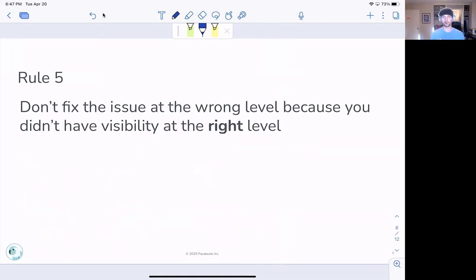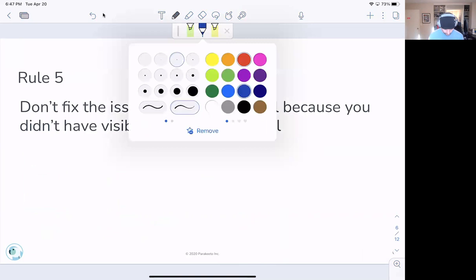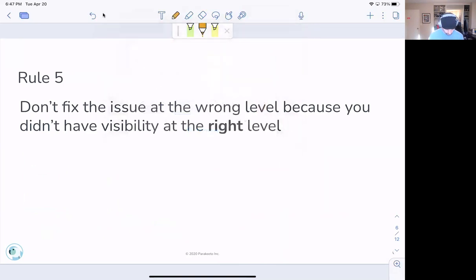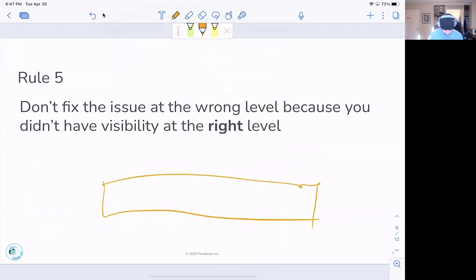So that's somewhat related to this idea of don't fix the issue at the wrong level because you don't have visibility at the right level. So I'll talk to a specific case where I was looking at New Relic metrics, and what I was seeing was active record time.